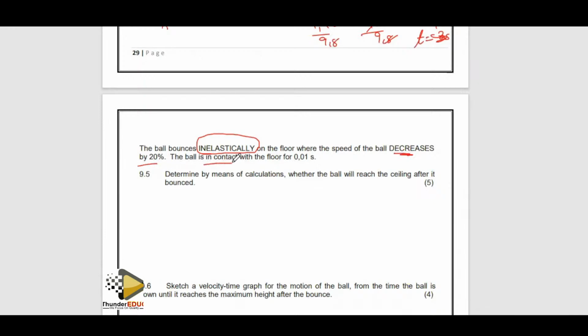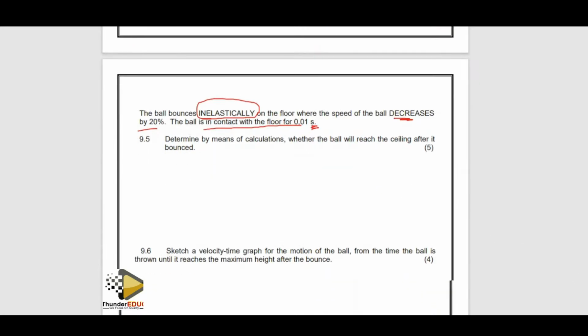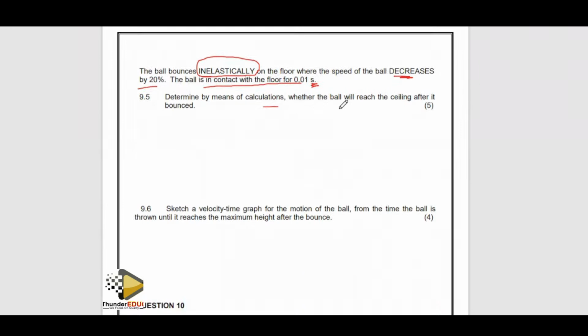And then the ball is in contact with the floor for 0.01 seconds. And they want us to determine by means of calculation whether the ball will reach the ceiling after it bounced off. So inelastically simply means the height kind of decreased compared to what was expected.